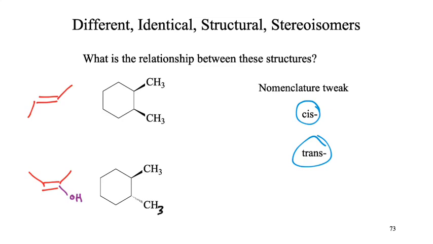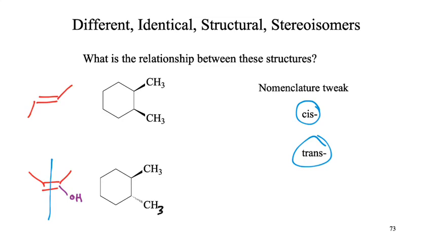When assigning priorities for cis and trans, what we are doing is we're cutting that alkene in half, or for that matter, a cyclic structure. The cyclic structure I can't cut in half easily because the half that I'm cutting it in is the plane of the paper, so I can't draw that one. But with the alkene, I'm cutting it in half, and now I go through and look at each half and assign priorities.